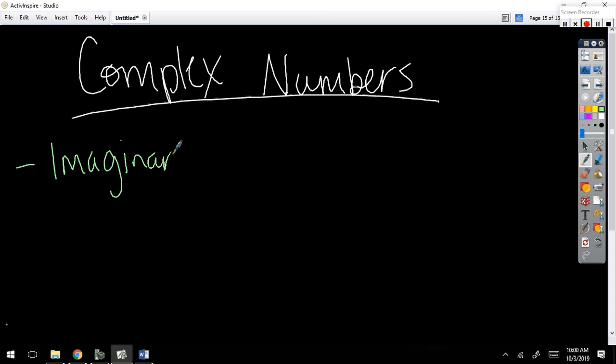Now, this has to do with radicals. My first question to you is, when you have a radical, meaning a square root, what can't happen there? You can't have a negative under the radical, right?